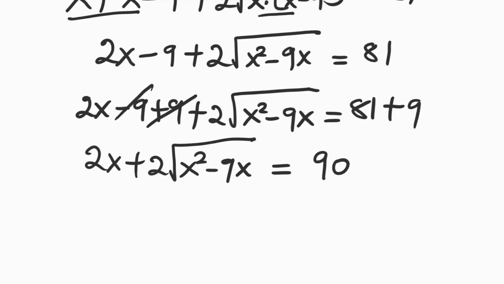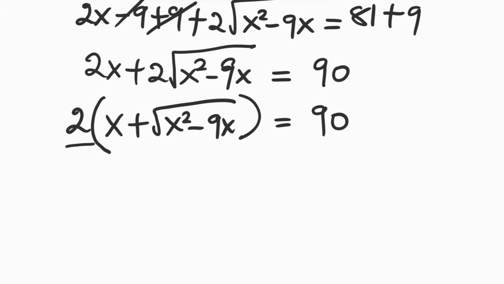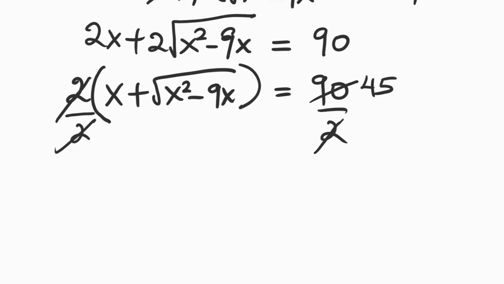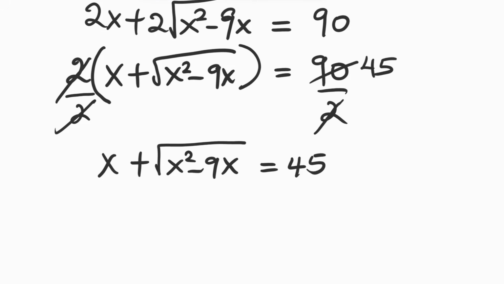So on the left hand side we can factor out 2. Okay, so we have 2 into bracket x plus the root of x squared minus 9x equals 90. So we can divide both sides by 2. These 2's cancel out. 2 here 1, 2 here is 45. So we have x plus the root of x squared minus 9x equals 45.